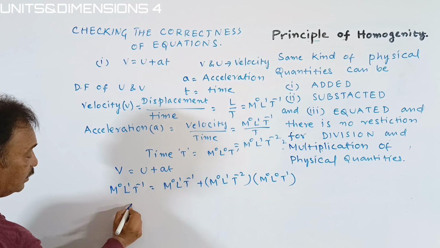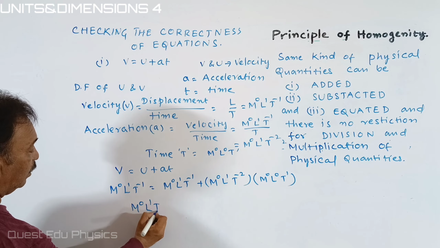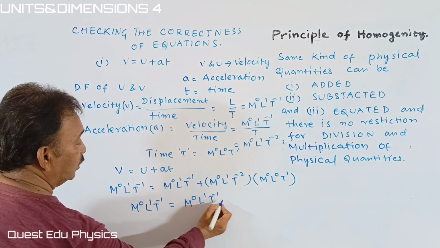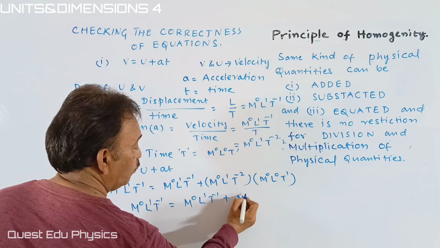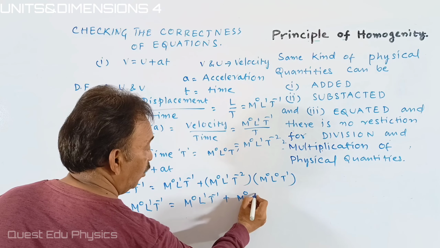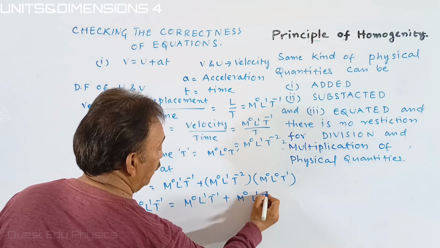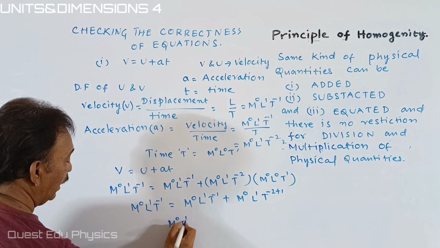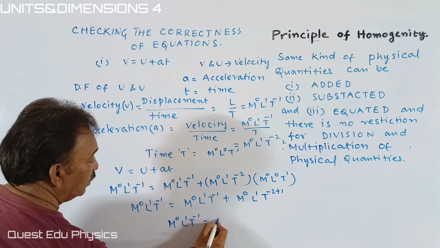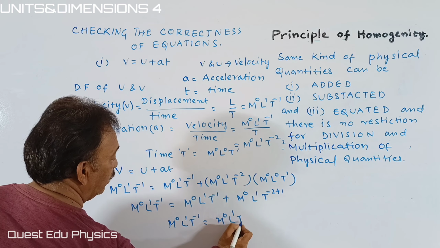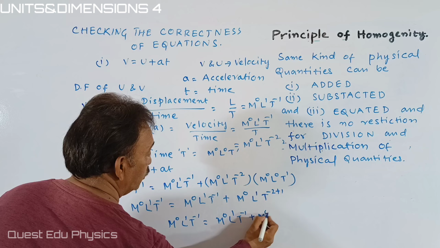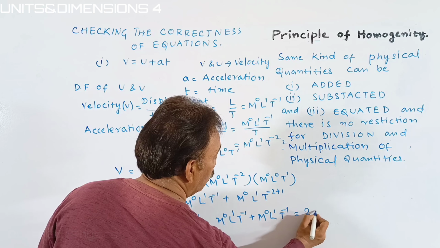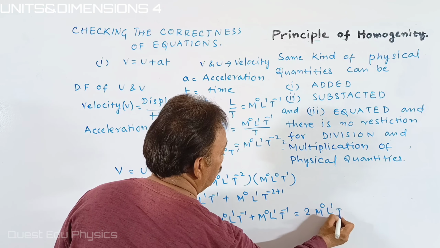And finally it can be written as M0 L1 T inverse is equal to M0 L1 T inverse plus M0 L1 T inverse 2 plus 1, that is M0 L1 T inverse. It might be 2 into M0 L1 T inverse.